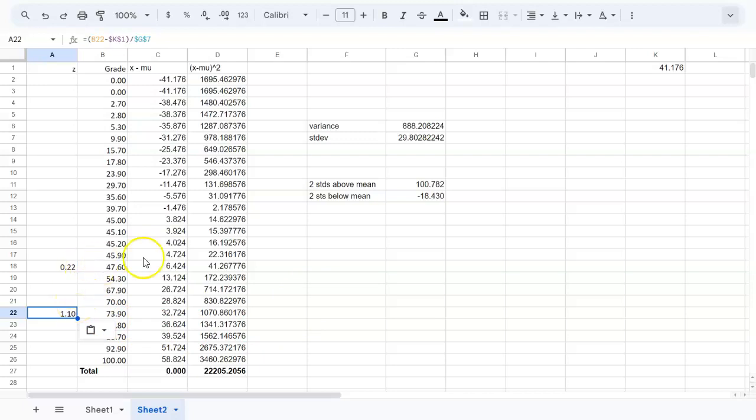Because if you take 41.176 and you add 29.803 to it, you're going to get something a little bit smaller than 73.9. Let's see. Yeah, 70 is pretty close to 1 away from the mean, right? So this 0 is 1.38 standard deviations below the mean, and so on, right?